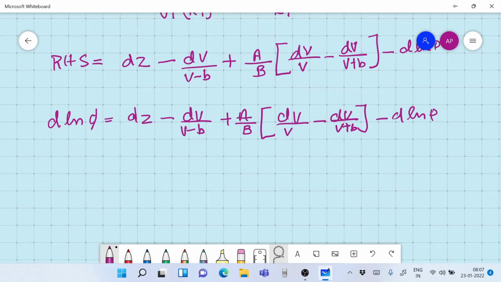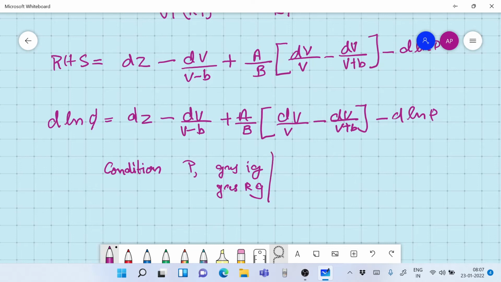Well, the limits of integration here are, we integrate from the condition where at P the gas is an ideal gas to the condition where the gas is a real gas, at P, the real gas condition.